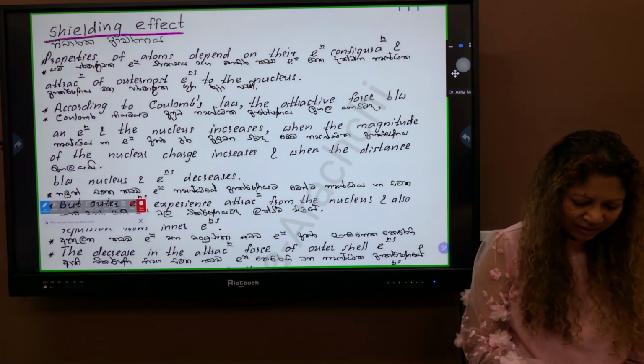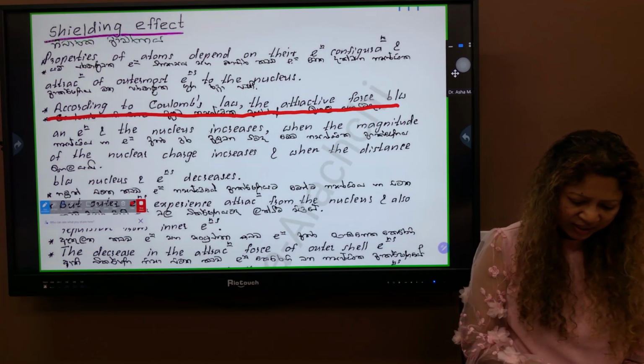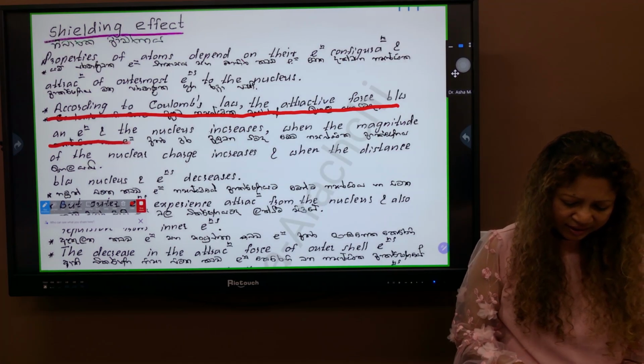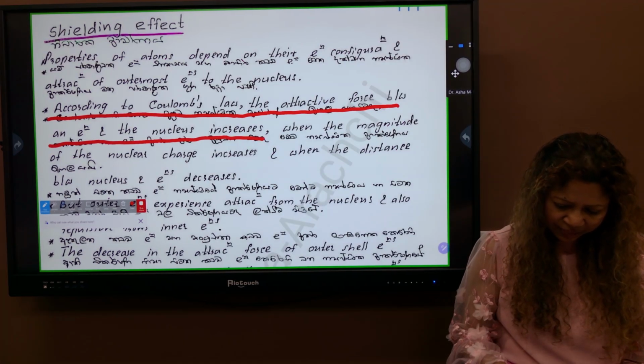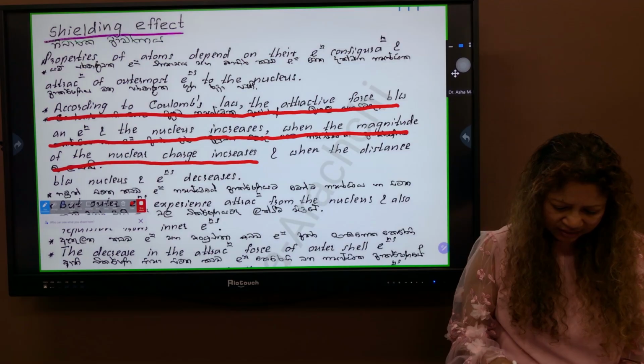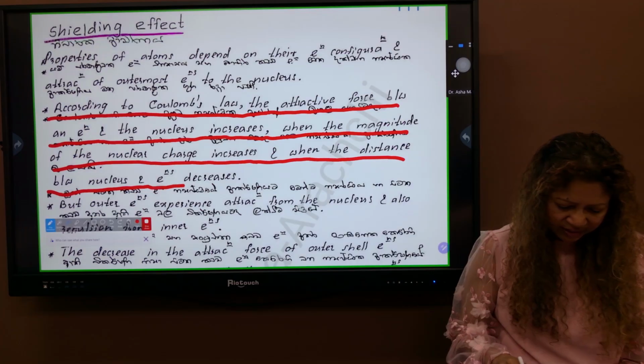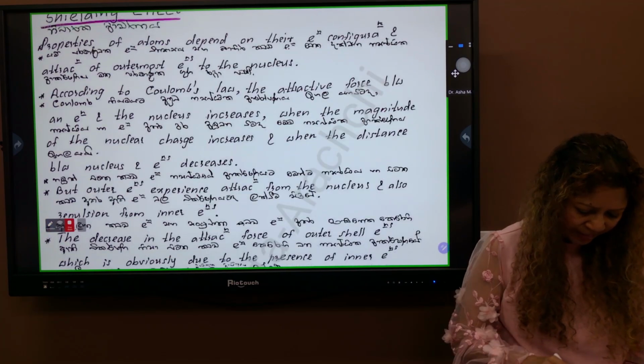According to Coulomb's law, the attractive force between an electron and the nucleus increases when the magnitude of the nuclear charge increases and when the distance between nucleus and electrons decreases.